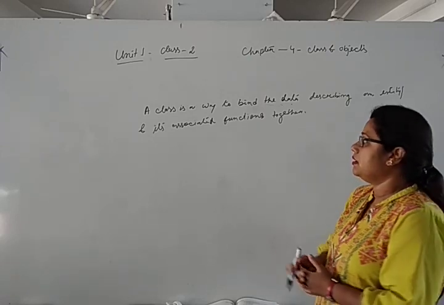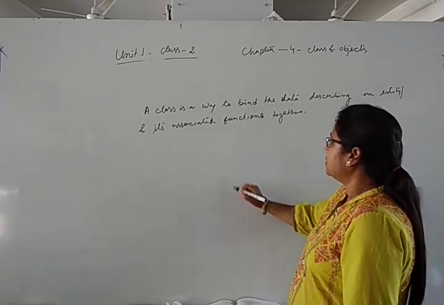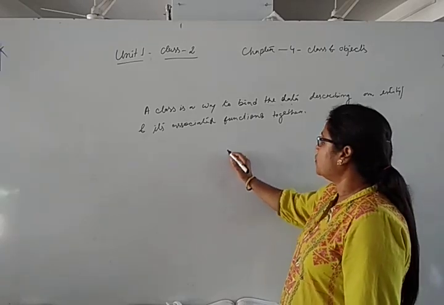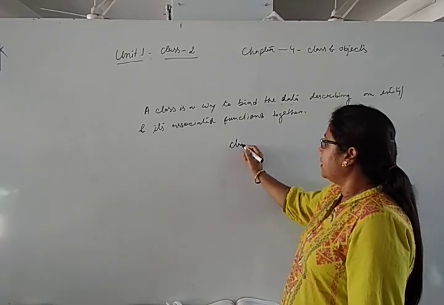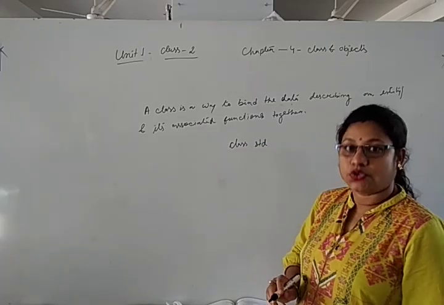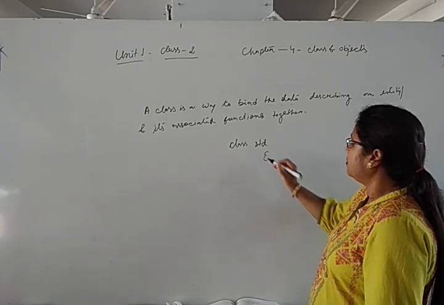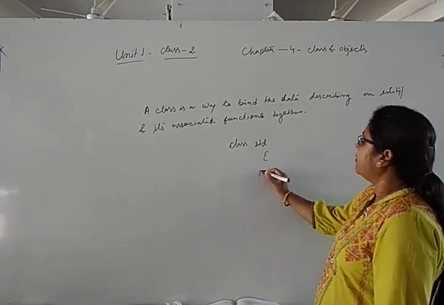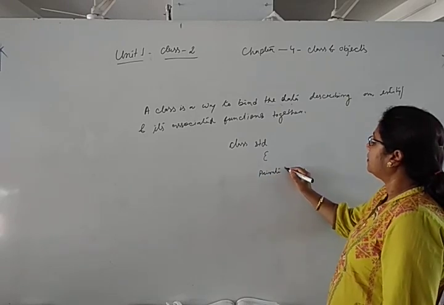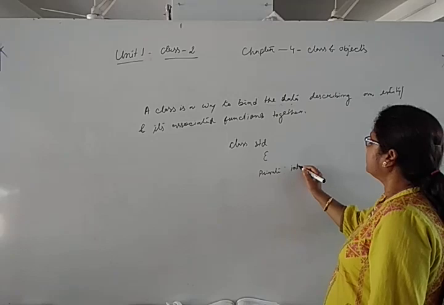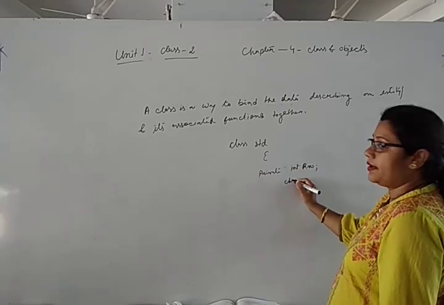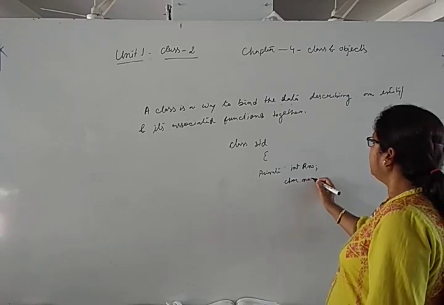For example, suppose I am going to declare one class, student. Class student, std, begin. Private: int roll number, character name.